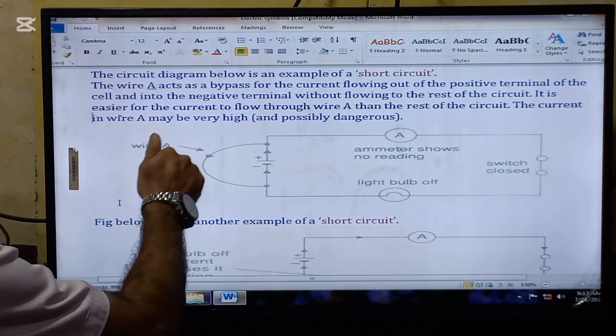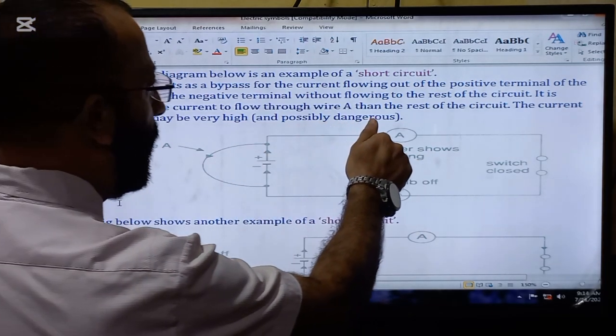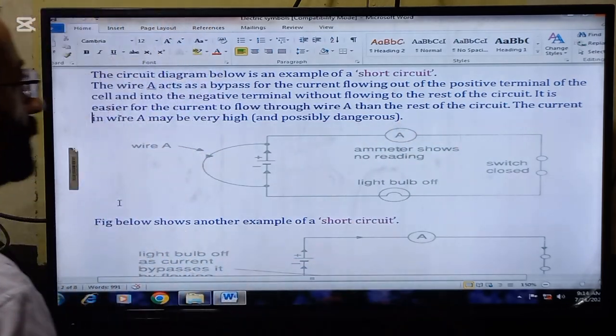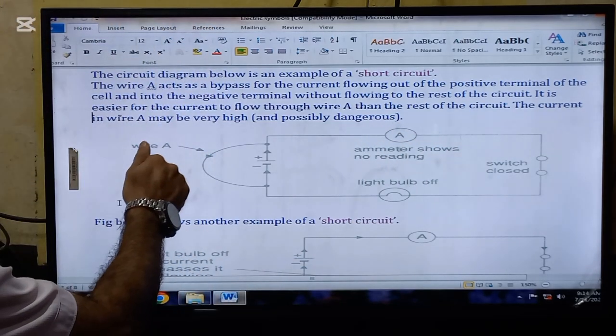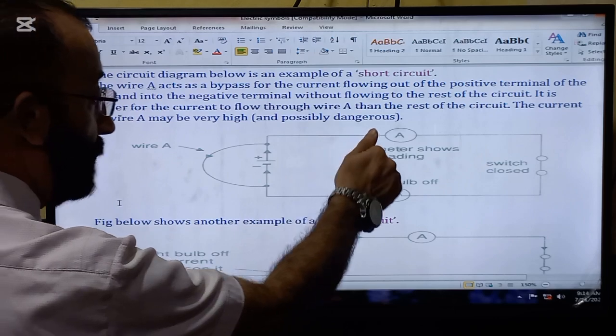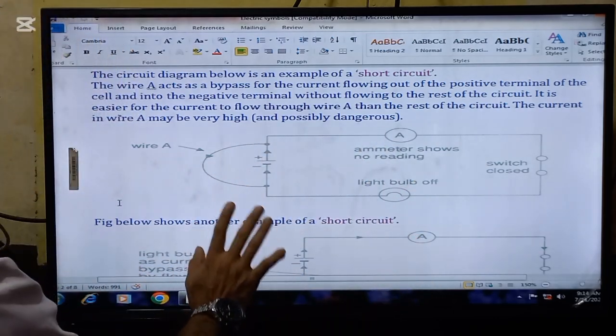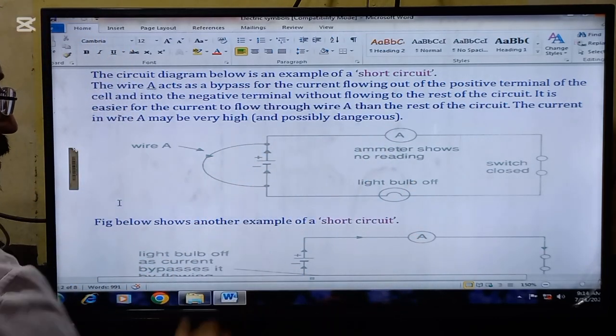It is easier for the current to flow through wire A than the rest of the circuit. The current in wire A may be very high and possibly dangerous. So it is very dangerous to touch it.